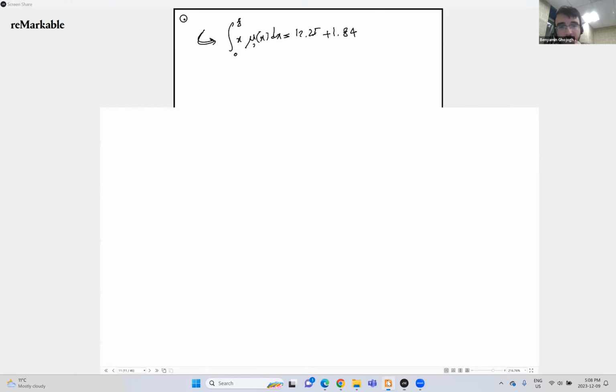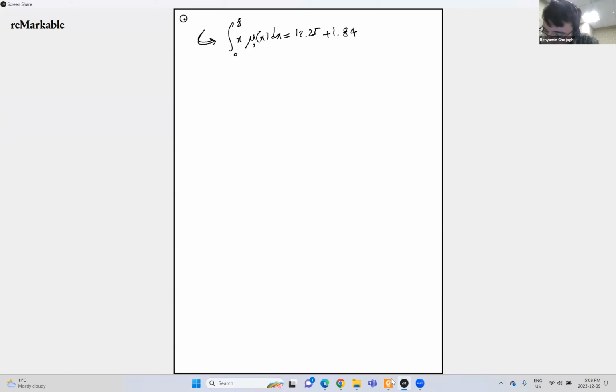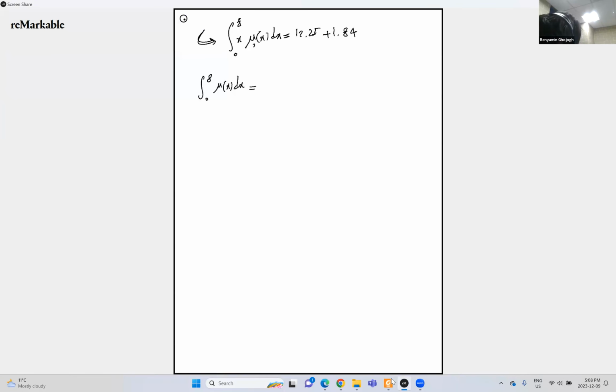Now in the denominator of this formula, we have just the integral of mu x, right? By the way, we don't use summation because here we are continuous membership function. We use integral. So also we need to calculate the integral of mu x dx. Am I right? Yes. So what will it be?